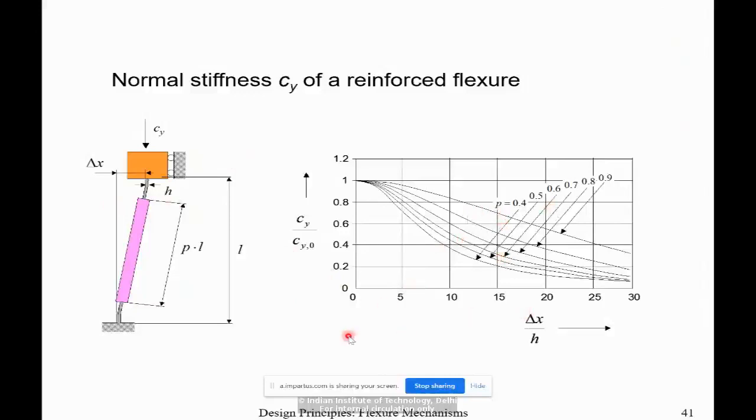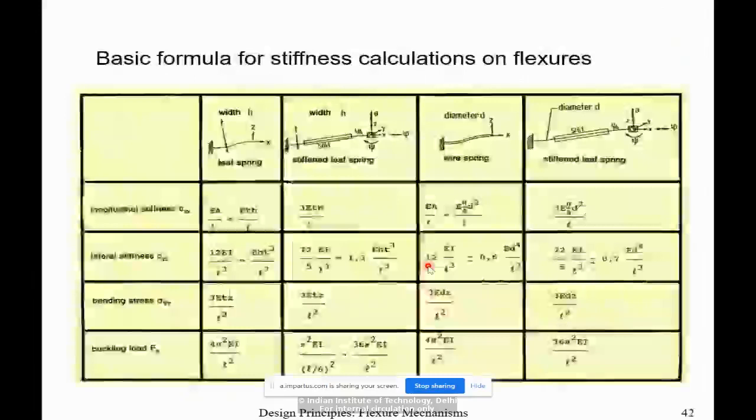So delta x with respect to h, if you draw and then you try to compare the stiffness, it's also varying with respect to P. So higher the P, higher will be the stiffness, which is good, right? And as it reduces, it will be lower and lower. So I think it's a general plot, and many times it's given in the book and in the literature.